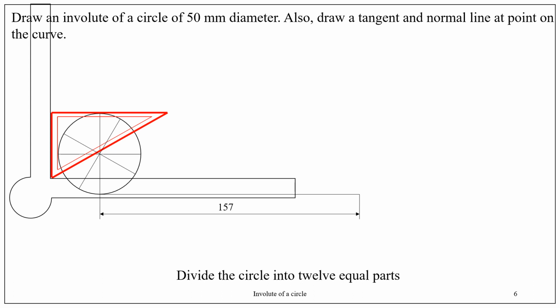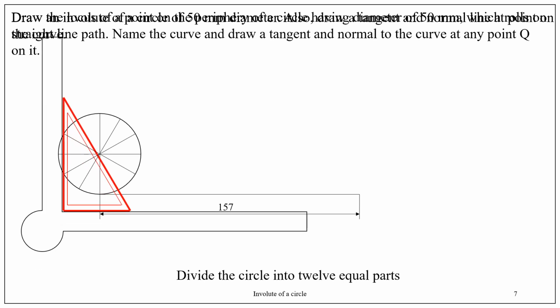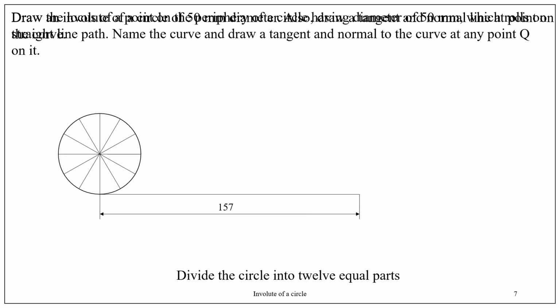Use the longest edge of the set square, draw a line. Once again, use the longest edge of the set square in the vertical position, draw a line through the center of the circle, and the circle is now divided into 12 equal parts.